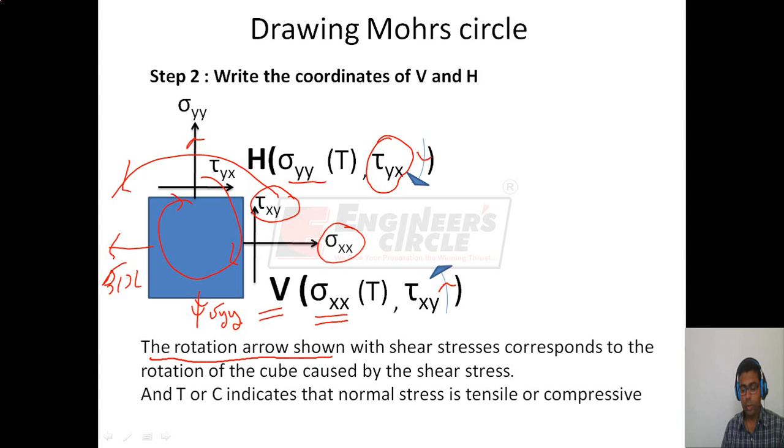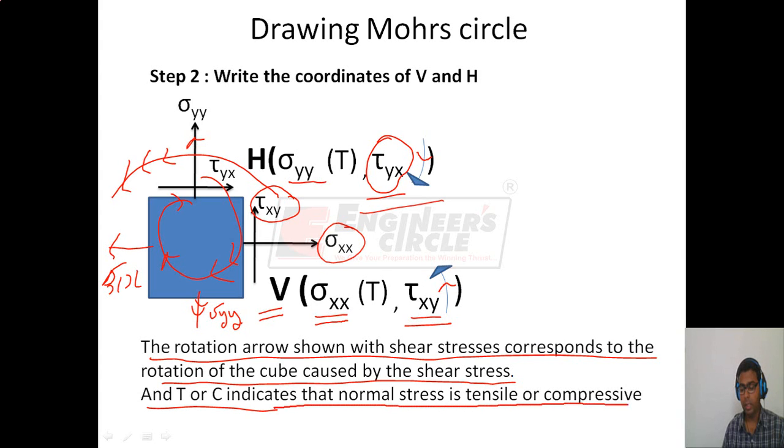So the rotation arrow shown with the shear stresses corresponds to the rotation of the cube caused by the shear stresses. For example, in this case, the shear stresses are trying to rotate this cube in the anticlockwise direction, and in this case, tau yx is trying to rotate the element in the clockwise direction, and T or C indicates that the normal stress is tensile or compressive.